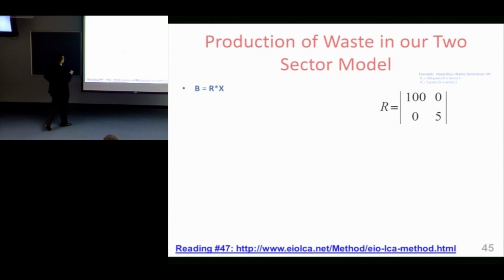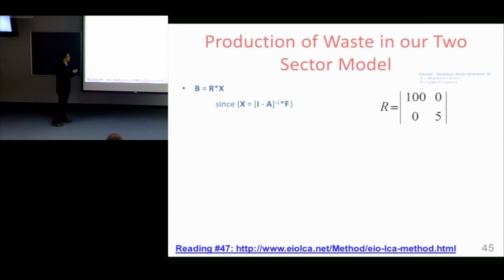So the math of this then just says, if you have R, you just multiply by the monetary flows, and you get the total environmental impact. Remembering that R from the first sector was 100 grams, and from the second sector was 5 grams, we just make our R matrix. And this is a diagonal matrix with zeros off the diagonal. And you just crank through.